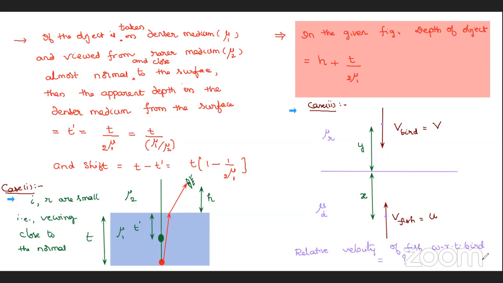Here I am writing the instantaneous apparent depth of fish: y plus x by mu. Very good. Apparent depth of fish is equal to y plus x by mu of denser with respect to rarer.